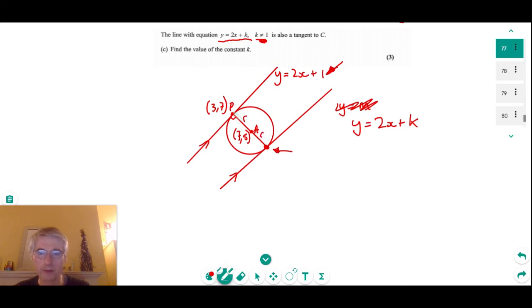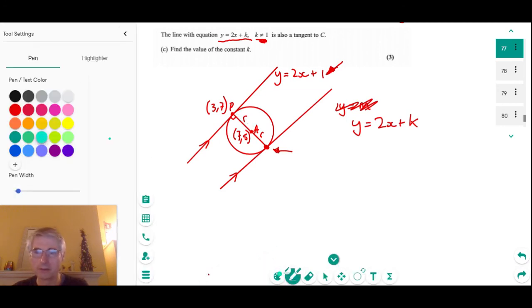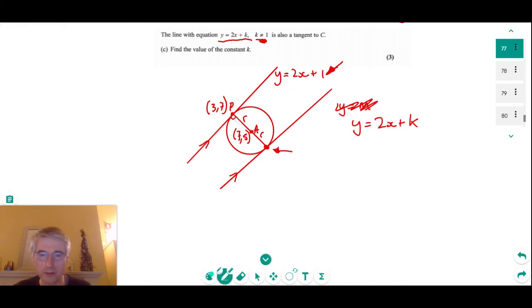So we've got similar triangles there. I'll just change colour so we can see the similar triangles. This triangle here is going to be a similar triangle to this one here, or in fact a congruent triangle.